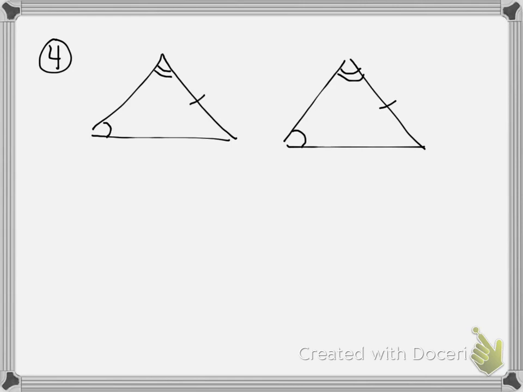And so we're asked to say whether these triangles are congruent or not. Well, what I notice is they have an angle in common, a second angle in common, and then a side in common. So these two triangles are congruent by angle, angle, side. Okay, let's look at a fifth example.